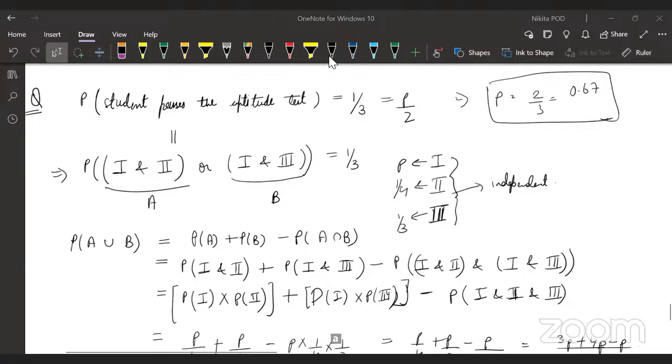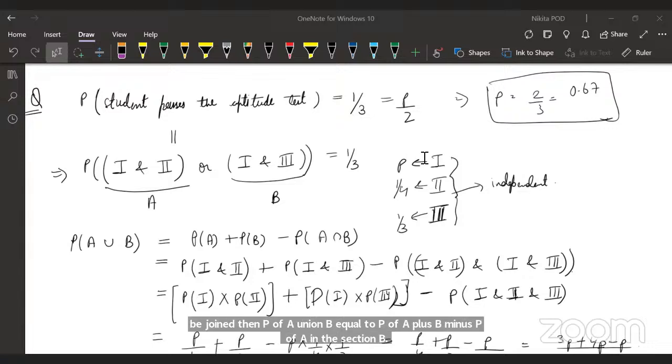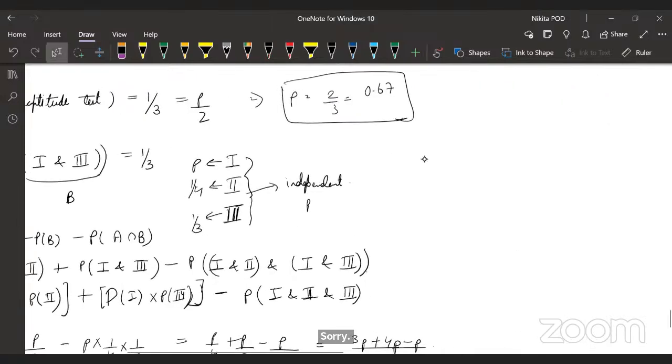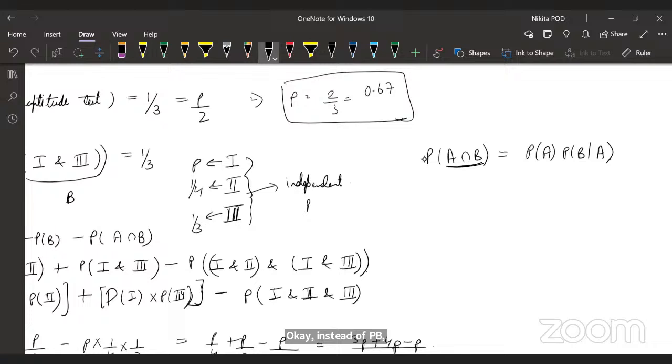If the events are not disjoint, then P of A union B equals P of A plus P of B minus P of A intersection B. Likewise, if the events are not independent, then P of A intersection B is P of A times P of B given A. Instead of probability of B, you can think of probability of B given A. Joint equals marginal times conditional. Okay.